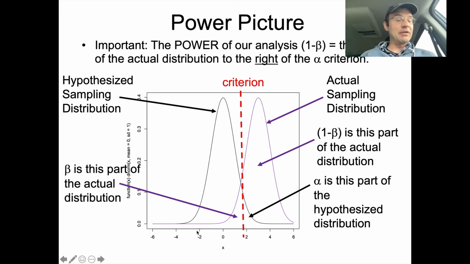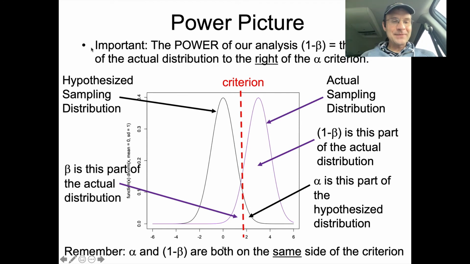And if we wind up on the left-hand side of this red line, then we say, nope, it's just this hypothesized mean. We're going to stick with it. We'll say it's 0. Even if it's not exactly 0, we can't prove ourselves wrong, so we might as well go with it. Okay, that's all we're getting here, just one number, the mean, and then we're trying to interpret on the basis of these distributions how often we are likely to get that significant effect where we reject the null hypothesis, where we wind up on the right-hand side of this line.